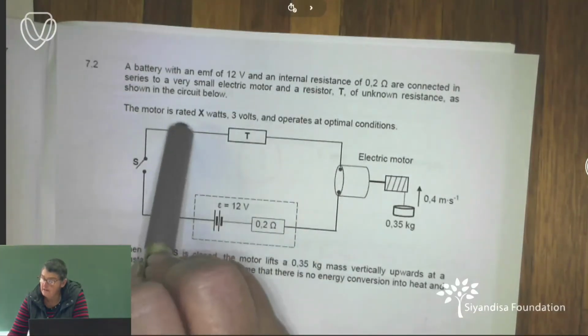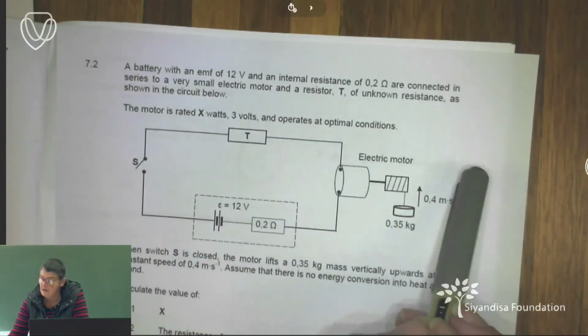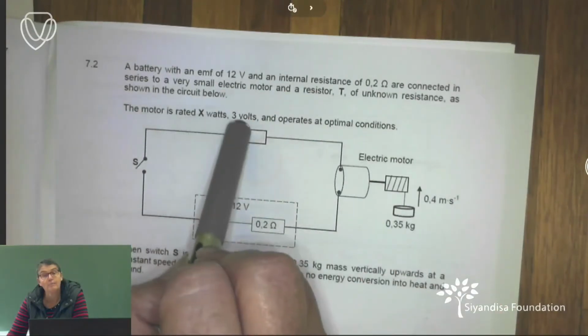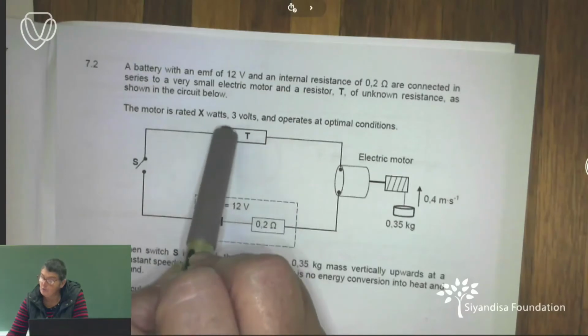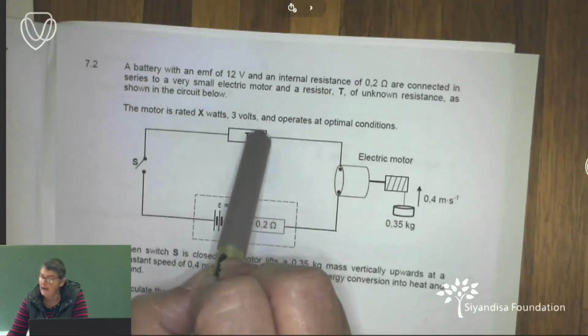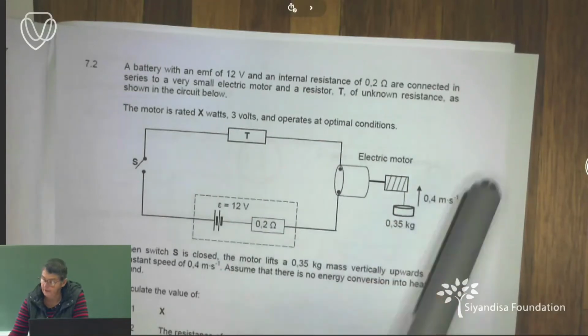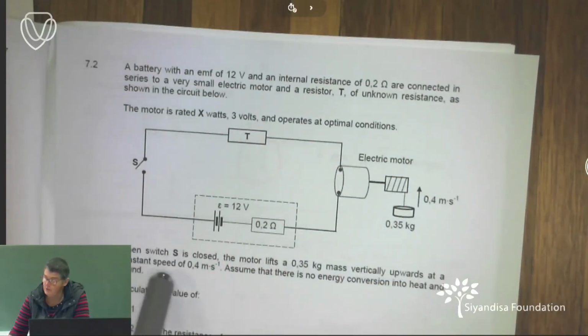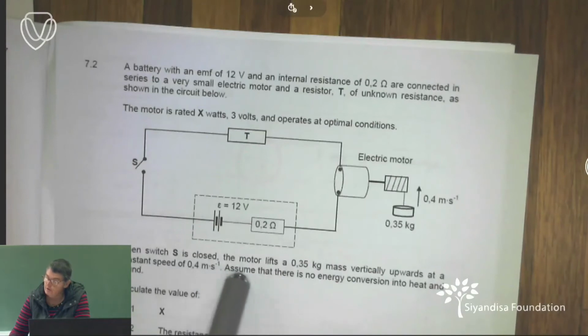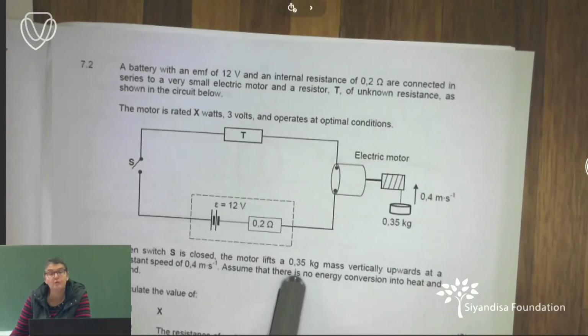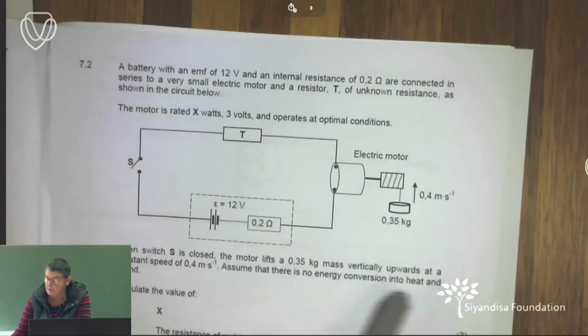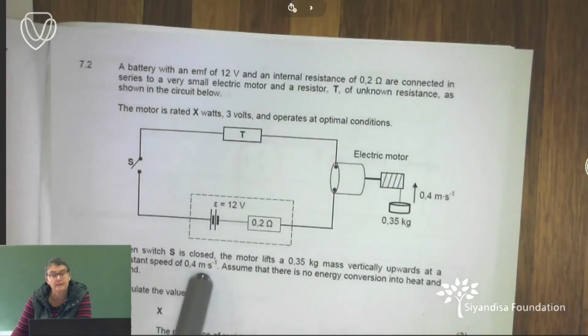The motor is rated X watts, so we don't know what the power on the motor is, and 3 volts, and operates at optimal conditions. Okay. Now, when switch S is closed, the motor lifts a 0.35 kilogram mass vertically upwards at a constant speed of 0.4 meters per second.